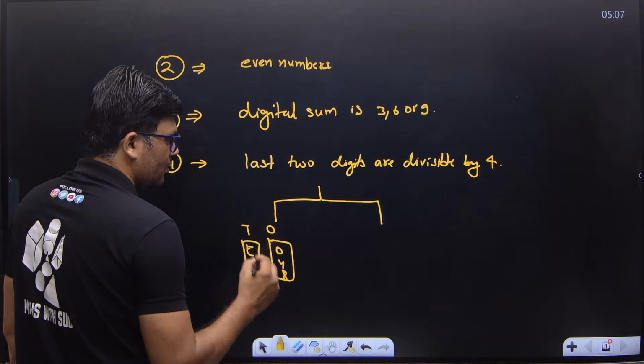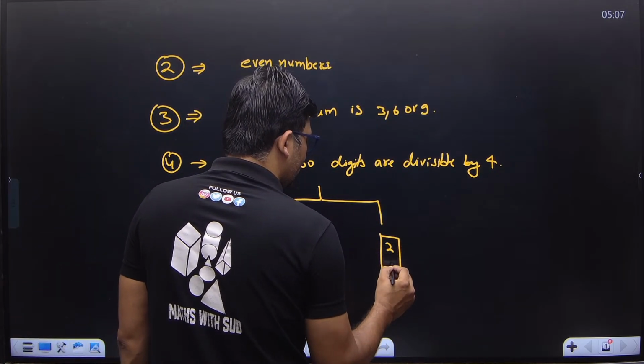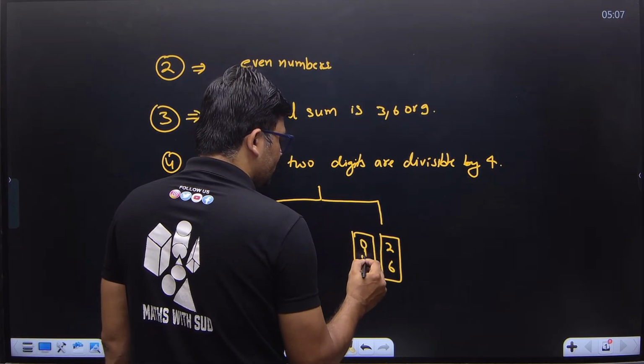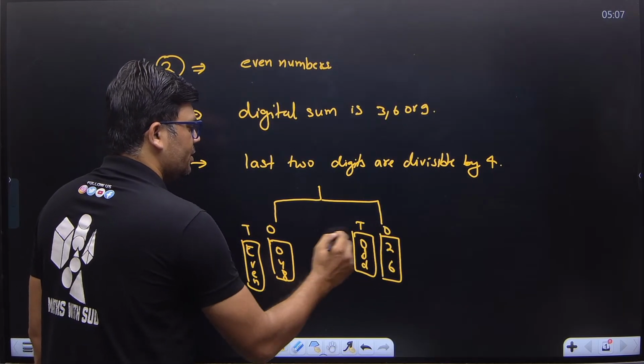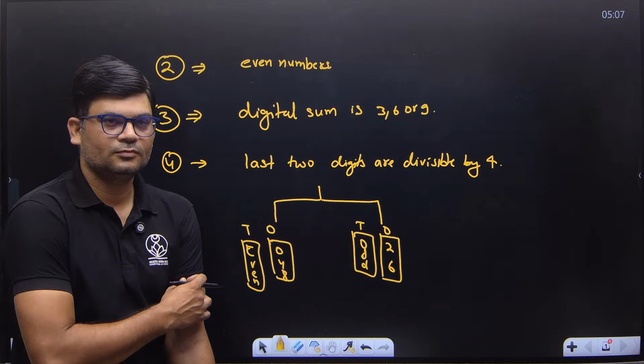Or if the ones place is 2 or 6, the tens place must be an odd number. Are you getting it? Do you remember this? I'm just going to write it down one more time. Yeah, please write it down.